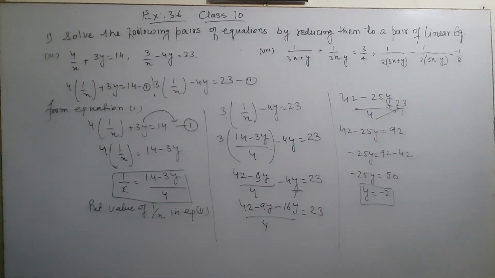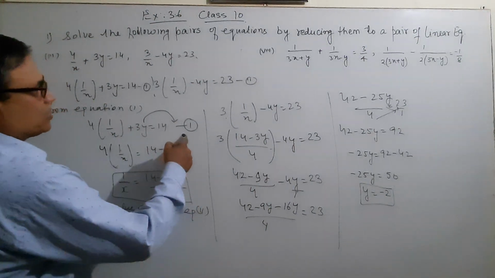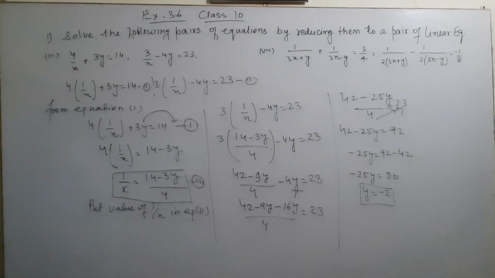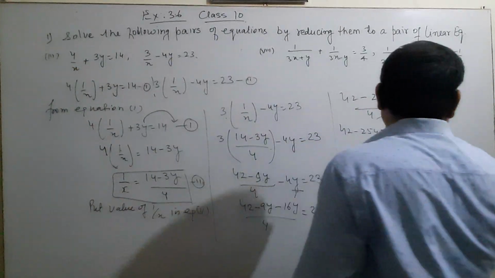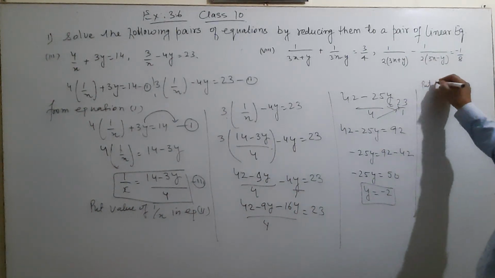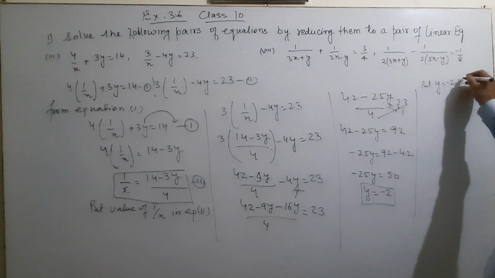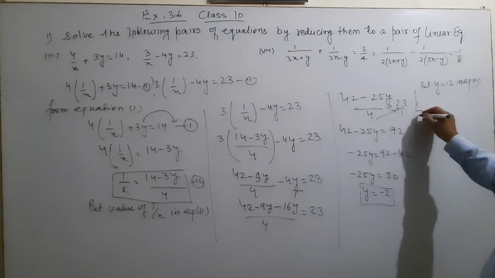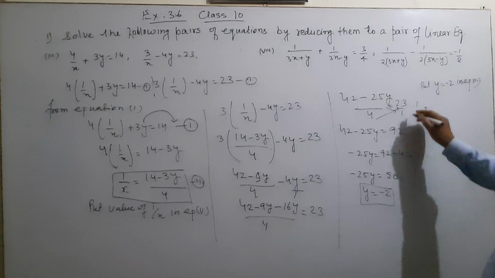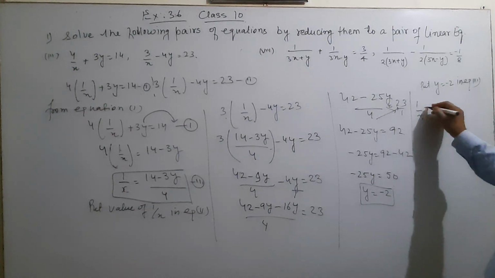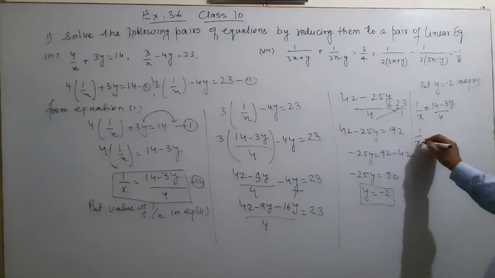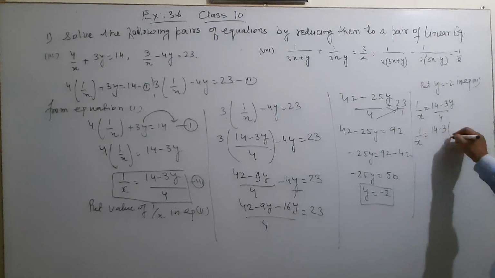Now we will put the value of y in equation. This is the first, this is second, this is equation third. Put y is equal to minus 2 in equation third. What is the third equation? 1 by x is equal to 14 minus 3y upon 4. 1 by x is 14 minus 3, what is y?